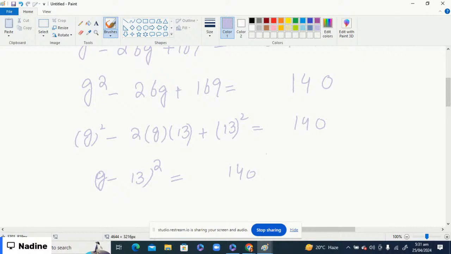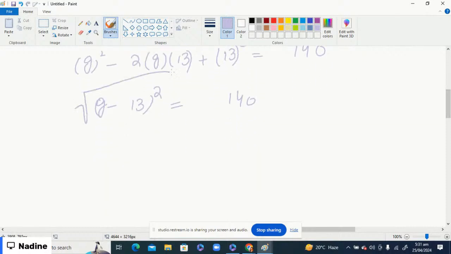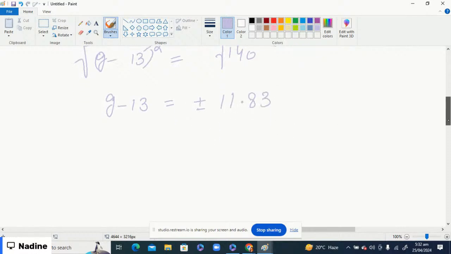Now just taking the square root on both sides. This should be cancelled. And as we know, the square root of 140 is again a decimal number. Okay.